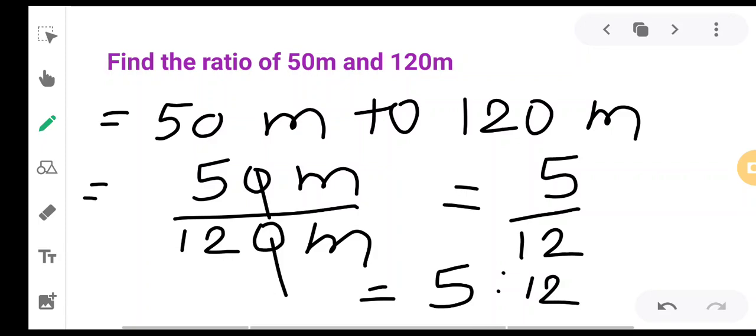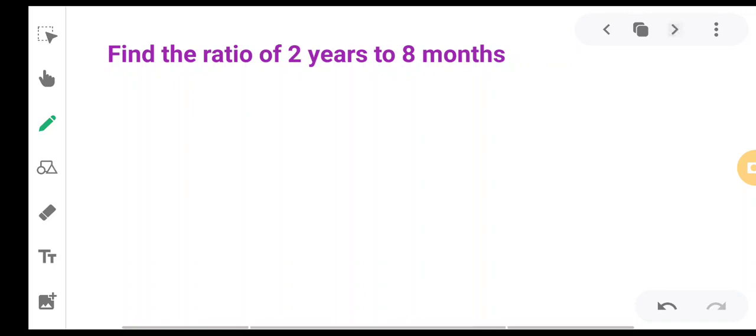Now, second, find the ratio of 2 years to 8 months. Now students, observe that both the quantities are of the same kind, that is time, but are expressed in different units.